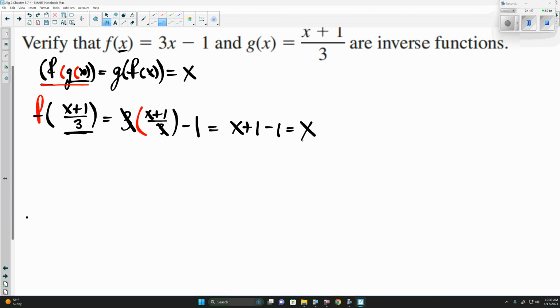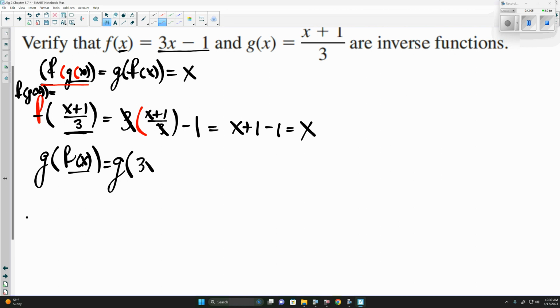Now we can do the other one, g of f of x. So really I should have started off with f of g of x for the first one here. So g of f of x, well, we can replace f of x with its function, which is 3x minus 1. And just like with the one before, in every place that x appears in g of x, we're replacing it with 3x minus 1.